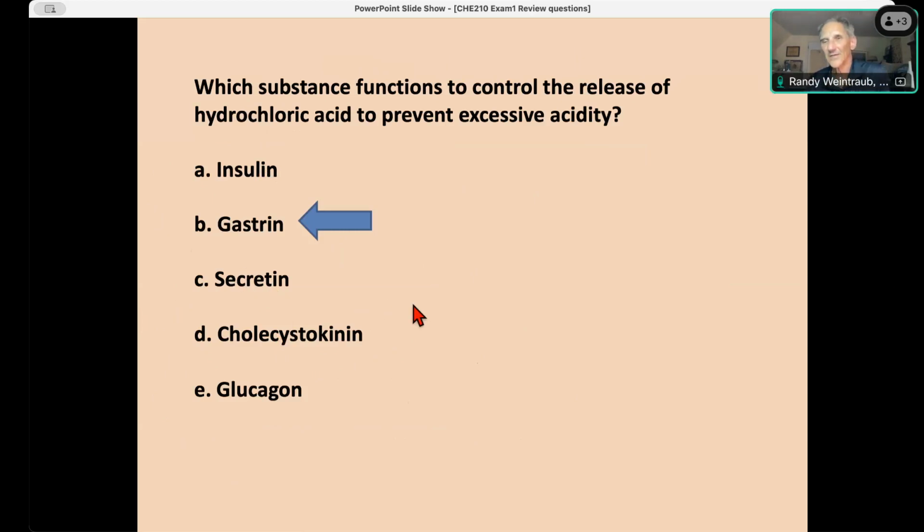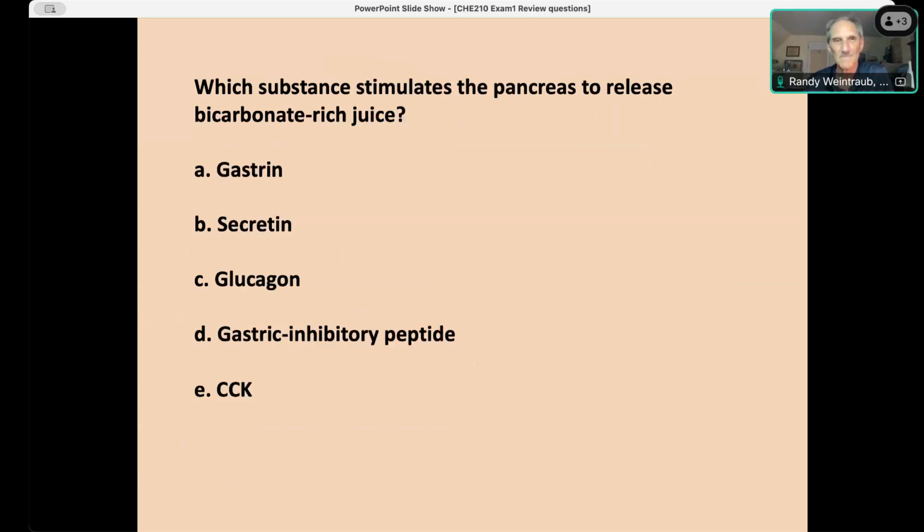Secretin influences the pancreas to put out all that wonderful pancreatic juice with a whole bunch of enzymes, some proteases and even carbohydrate enzymes. And another one related to GI hormones: the substance that stimulates the pancreas to release bicarbonate-rich juice, and that's secretin.